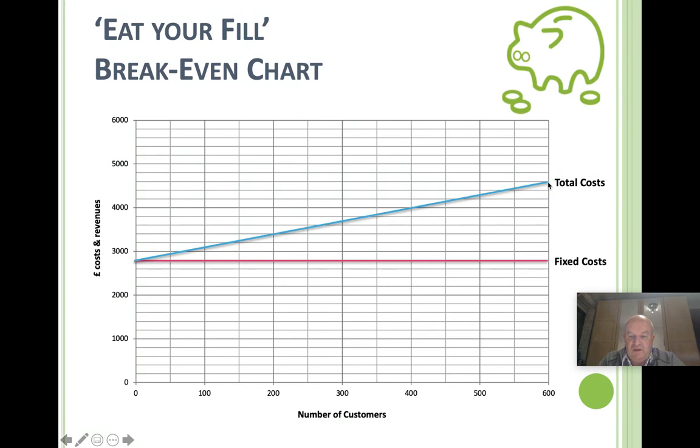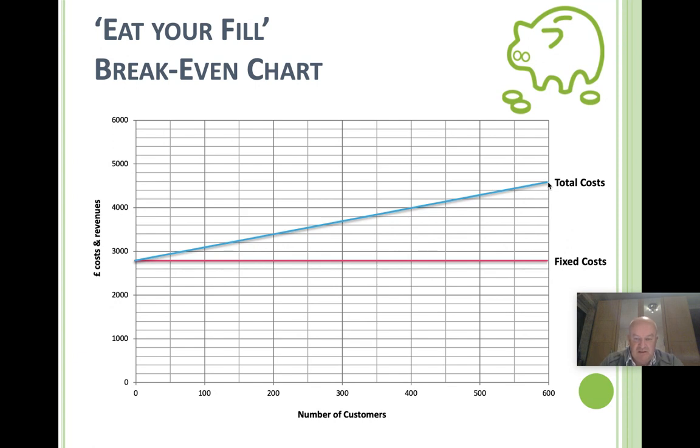Okay, so that's £2,800 worth of fixed cost and £3 per unit variable cost. 600 units has £1,800 worth of variable cost to create our total cost line.